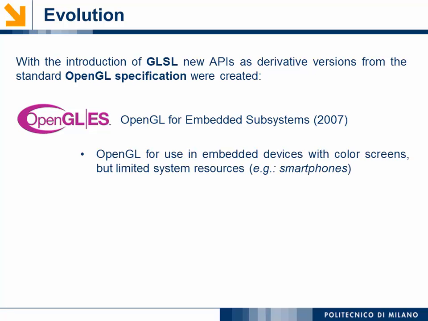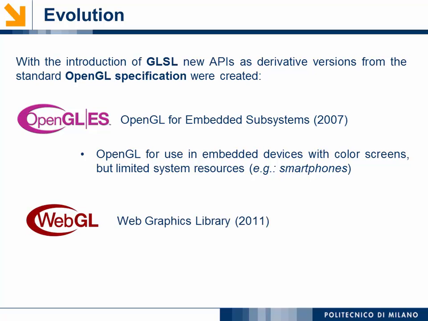In this way, the total API had to be stripped down in order to deal with systems that have a very limited range of resources. Because of this, many functions are useless on those systems, so they were stripped out.